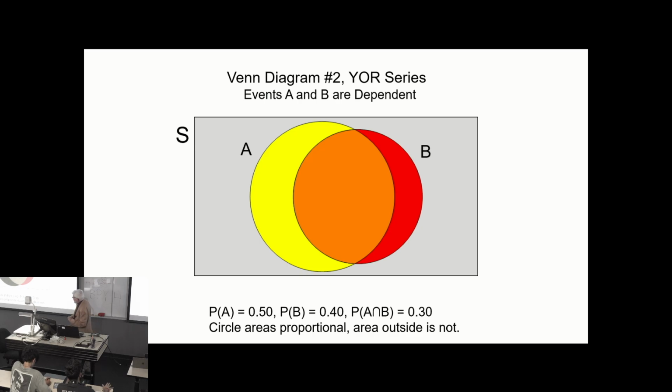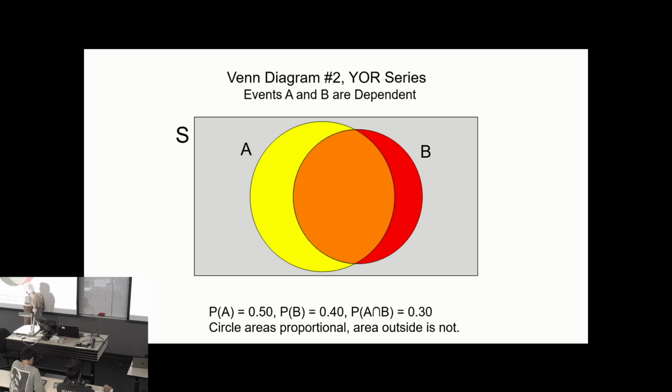Now, what I'm going to do is pull these circles apart a bit, a little bit apart here, so that the area of the intersection is now 0.3.